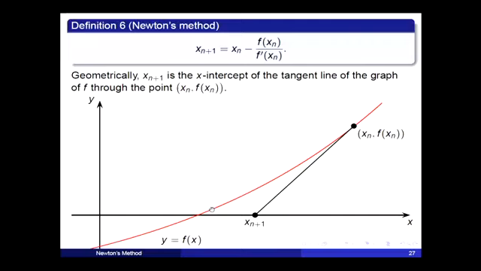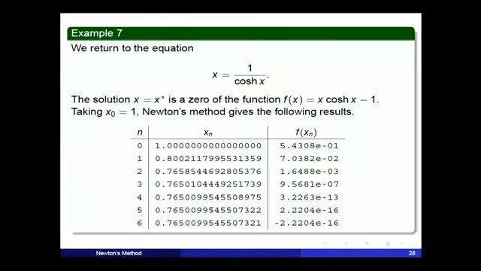So now, this is the equation we considered before, but now we use Newton method. And if you remember in the previous slide, we can go back to the previous slide.